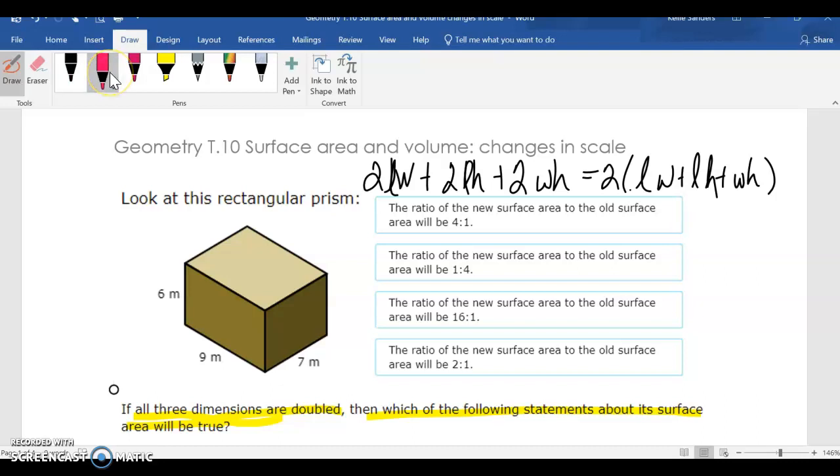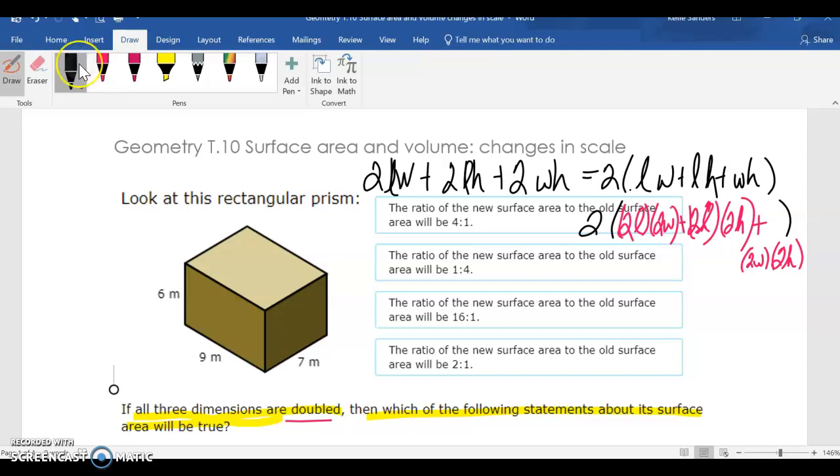Okay, now, if we double everything, I would keep the 2 out here, and whatever the length is, I don't care if it's 697 or 255, we're going to say that we're doubling that and doubling the width, plus doubling the length, doubling the height, plus doubling the width, doubling the height.